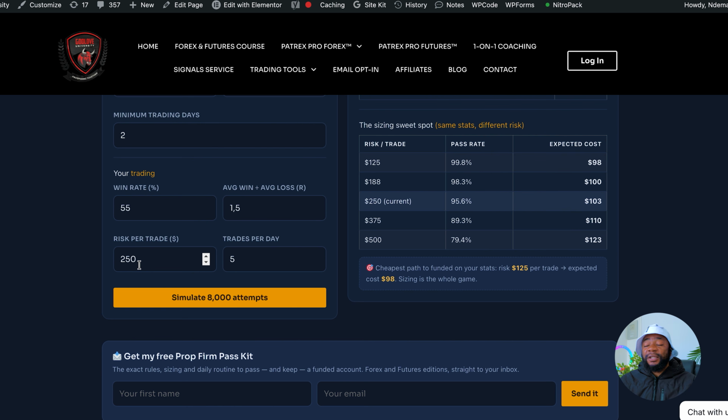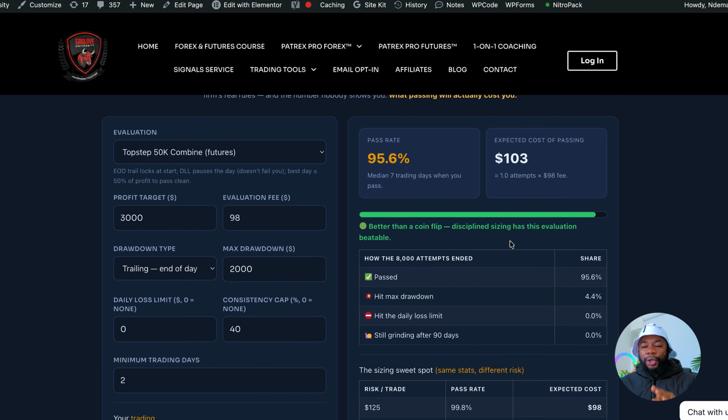If you are risking $250, you are going for about $375. It's not 1:2. So with these settings and taking a maximum of 5 trades per day, you will have a pass rate of 95%. Meaning out of every 100 challenges you buy, you will be able to pass about 95 of them. Out of every 10 challenges you buy, you'll be able to pass about 9 of those challenges.